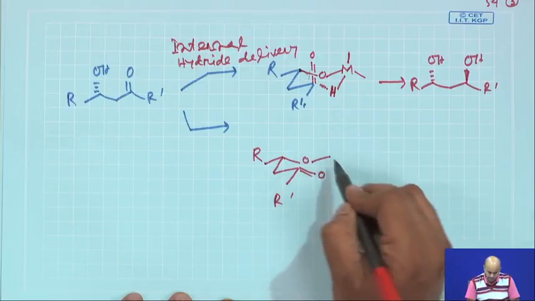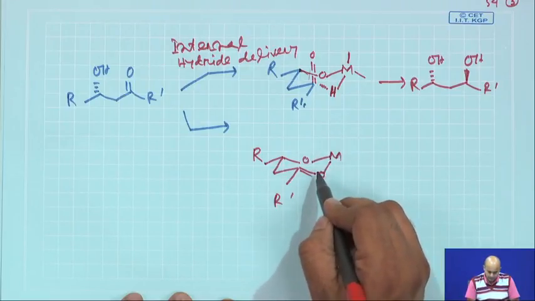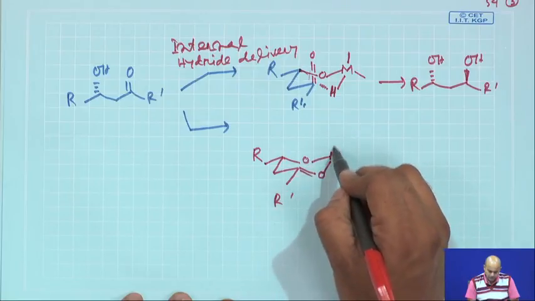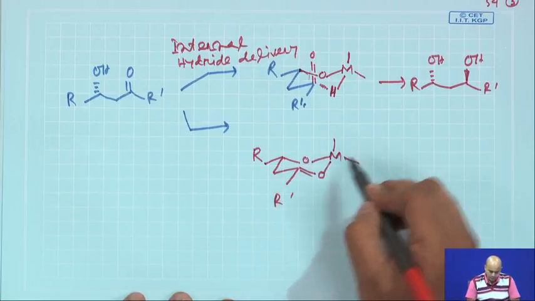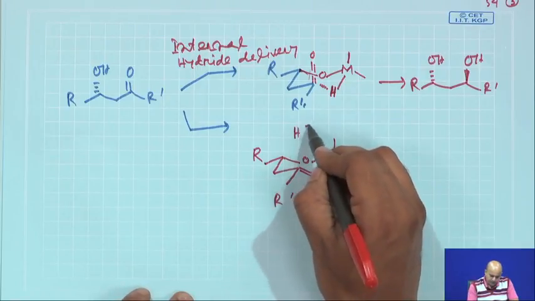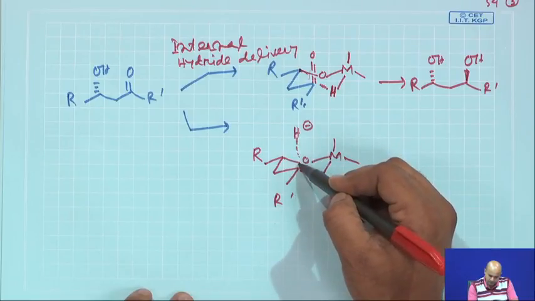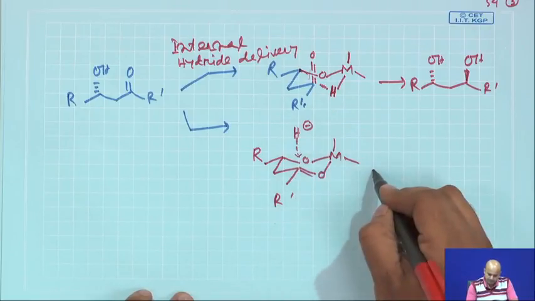If some reagent is here where the carbonyl oxygen as well as the alcohol oxygen both can coordinate, now if you use an external hydride source, this hydride will only have this option to attack.